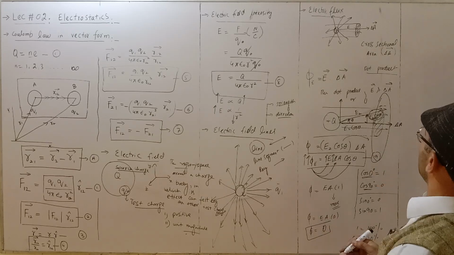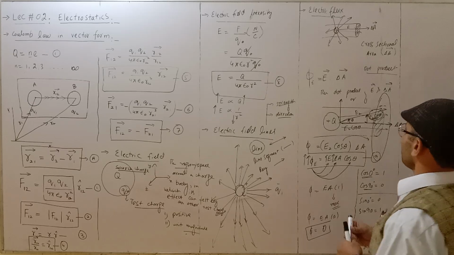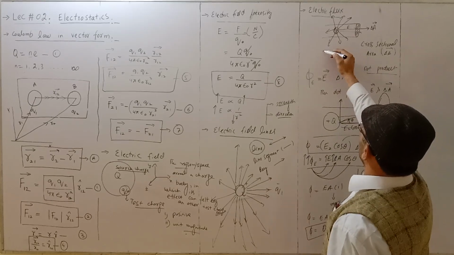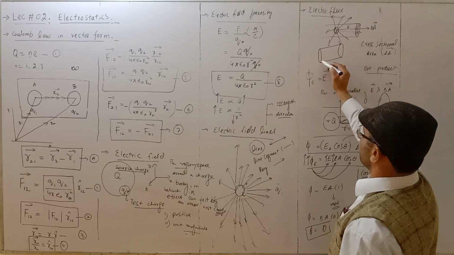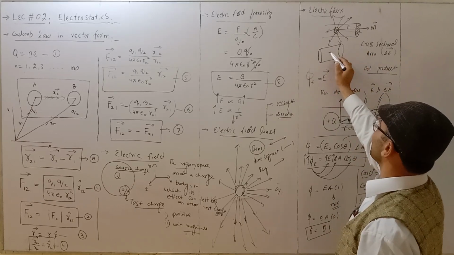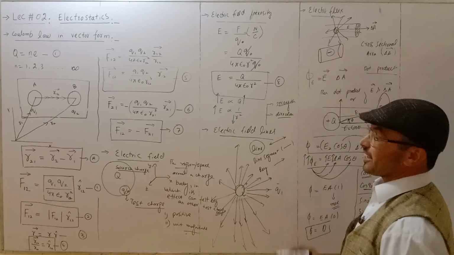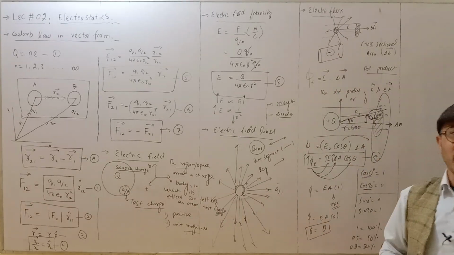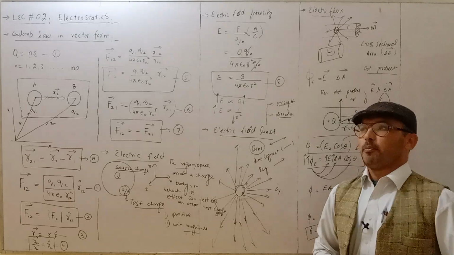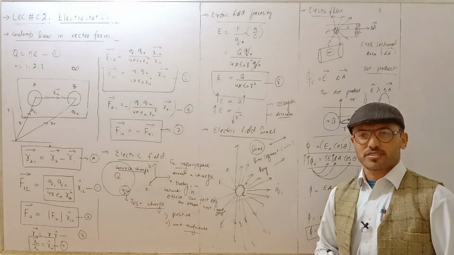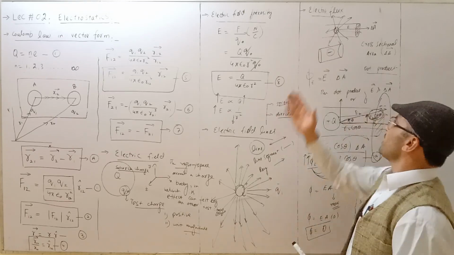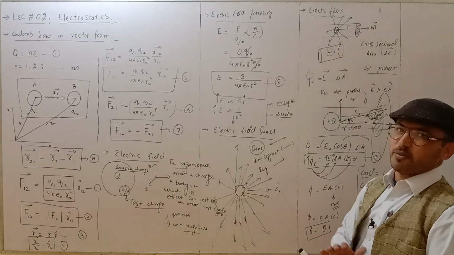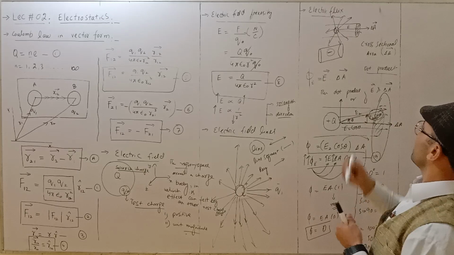The third case is, for example, if I am taking a negative charge. This case is not present in books, but the question arises for some observers: if a negative charge is placed inside a body, what will be its flux?